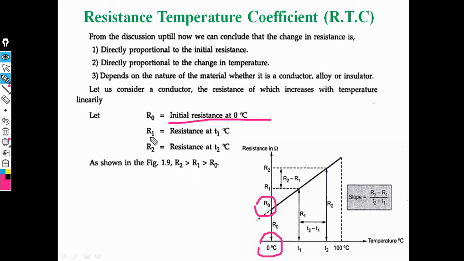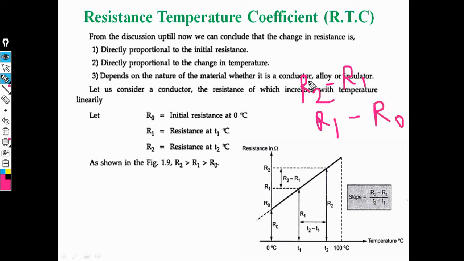Then resistance at T1 degree Celsius is R1, and resistance R2 at T2 degree Celsius. Now this is the difference T2 minus T1, and in case of resistance it is R2 minus R1, then R1 minus R0.